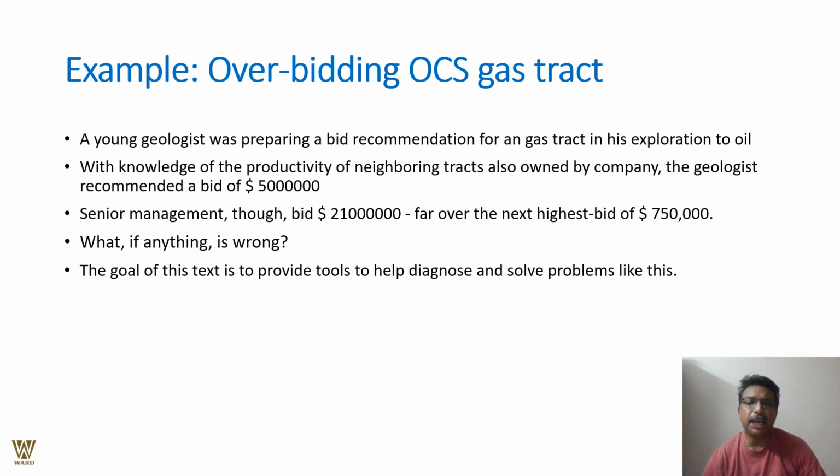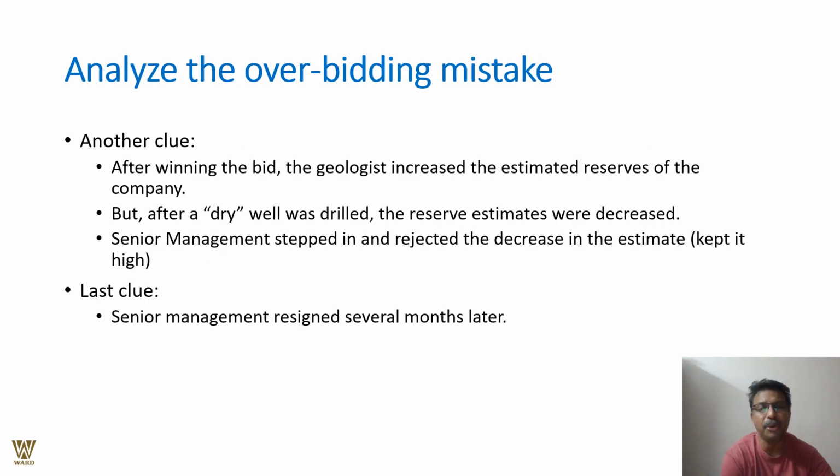The senior management, though, made a bid of approximately $2.1 billion, far above the next highest bid of $750,000. What, if anything, went wrong? The goal of this text is to provide the tools to help diagnose and solve problems like this. This is what we are trying to achieve.